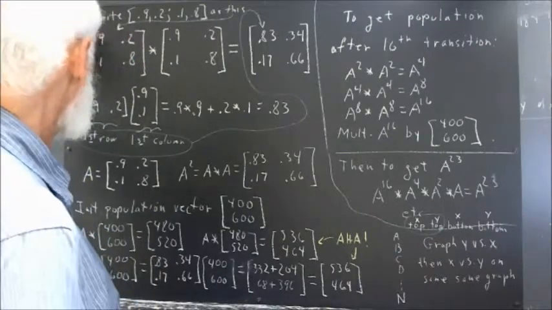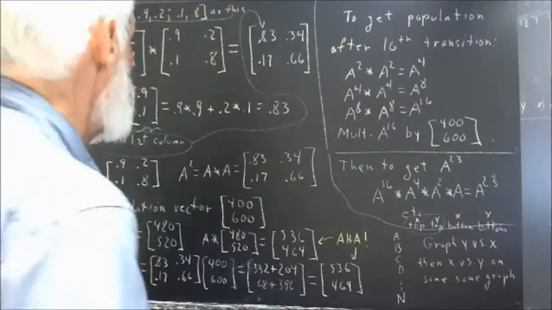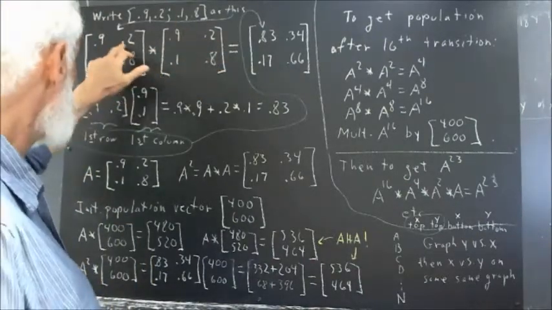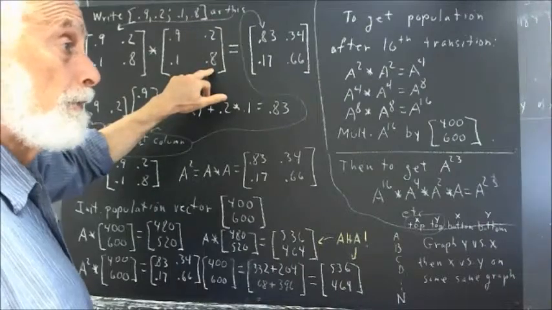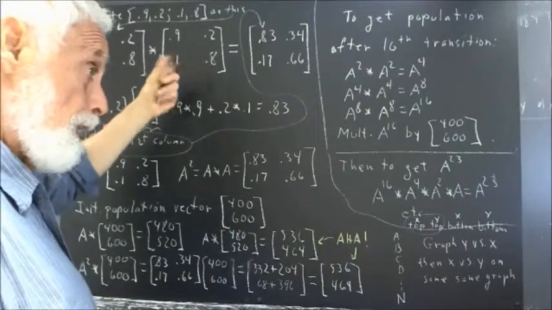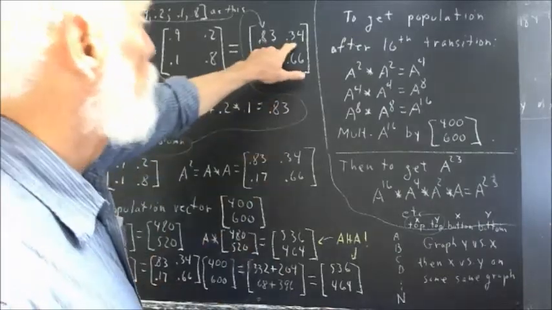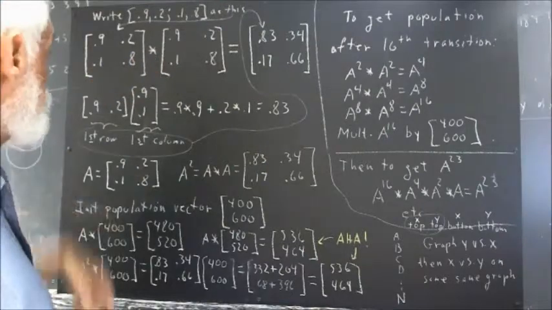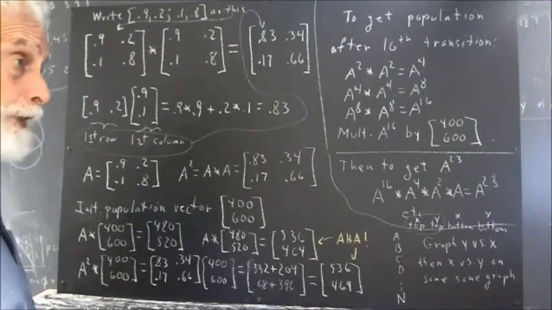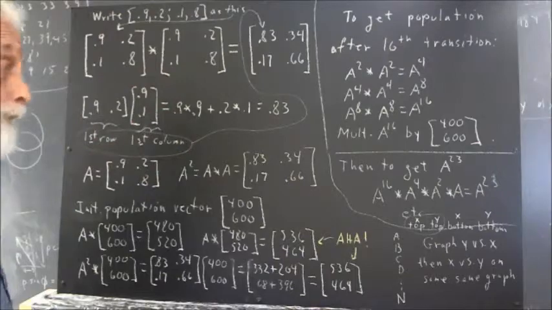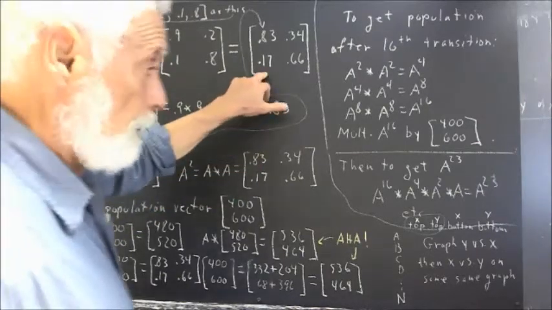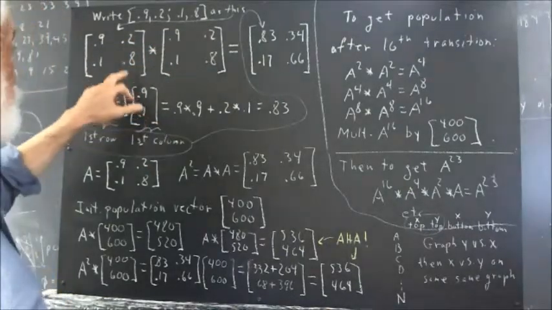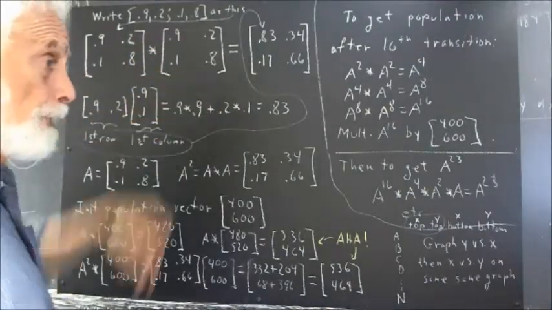We multiply the first row by the second column. And when we do that, we have 0.9 times 0.2. What's that? Okay, 0.18. 0.2 times 0.8 is 0.16. 0.18 and 0.16 is 0.34. Then we do the second row times the first column. 0.1 times 0.9 is 0.09, and 0.8 times 0.1 is 0.08. 0.09 and 0.08 add up to 0.17. 0.1 times 0.2 is 0.02. 0.8 times 0.8 is 0.64.